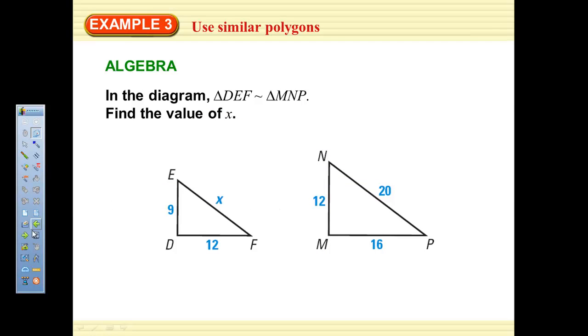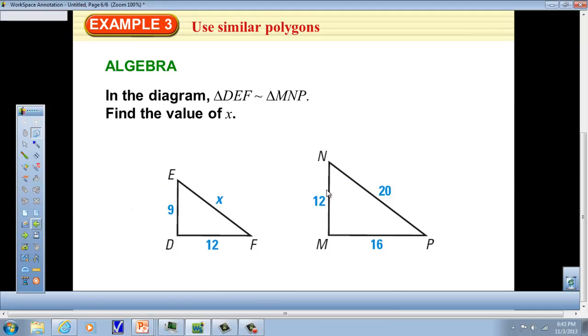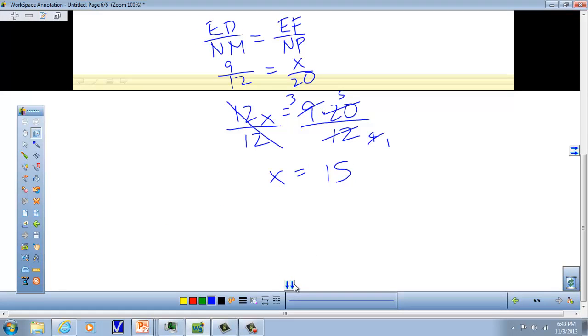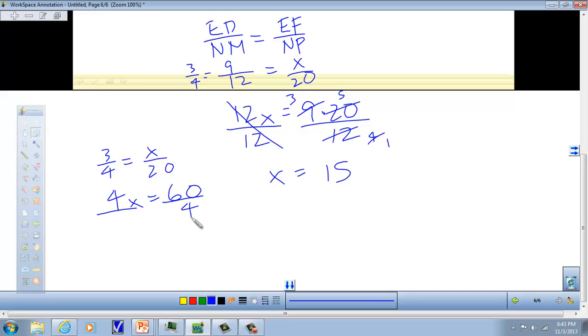Another way you could have done that, by the way, going back real quick, once I knew this was 9 to 12, I could have simplified this and made that 3 to 4, because those are both divisible by 3. And we could have said 3 to 4 equals X over 20, and that would have made it a little bit easier, because then we would have gotten 4X equals 60, and dividing both sides by 4, X equals 15.